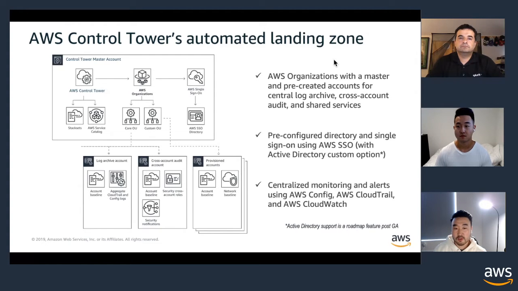Under the core organizational units, you have the log archive account and then the audit account for cross-account access. Under the custom OU are the accounts that you will provision using Service Catalog or Account Factory. And the CloudFormation StackSets are there to enforce the pre-configured compliances and security policies. And as you can see, it also comes with the option to use single sign-on.